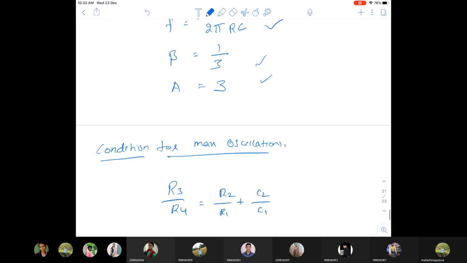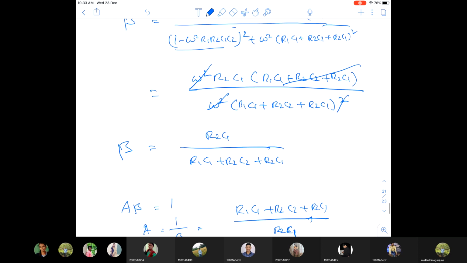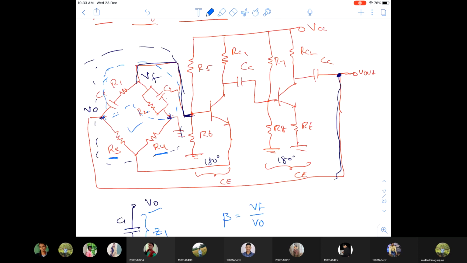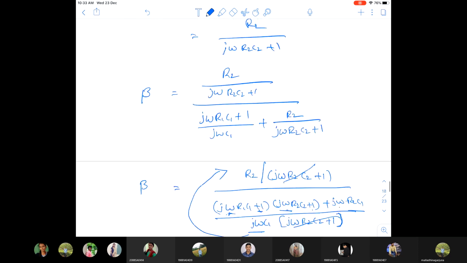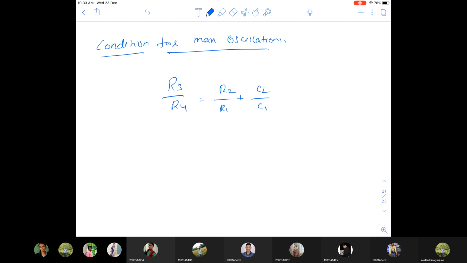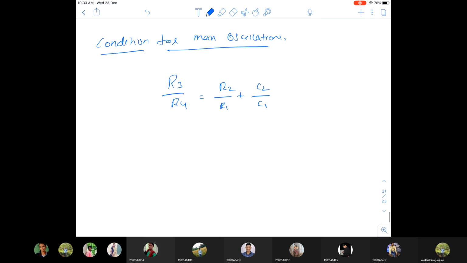So R3 by R4 equal to R2 by R1 plus C2 by C1. If you maintain it like that, your bridge will be balanced, so the phase angle will be 0 or 360, and you will get the maximum oscillations.